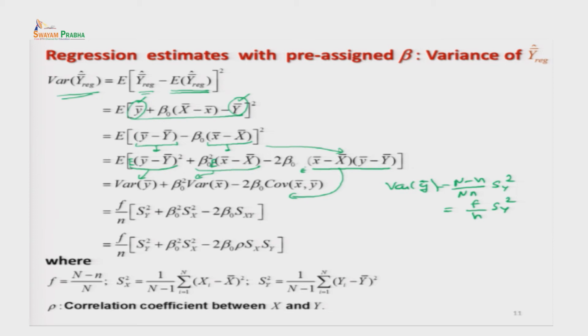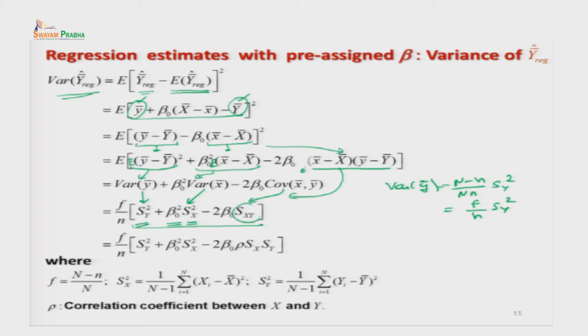So this will become f upon n SY square as the first term, the second term will become beta 0 square f upon n Sx square, and the third term will become minus twice of beta 0 f upon n capital Sxy. And if you take this factor f upon n outside, then inside the bracket we have simply Sy square plus beta 0 square into Sx square minus twice of beta 0 into Sxy, right.